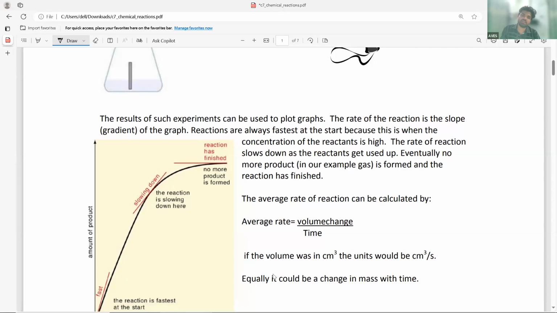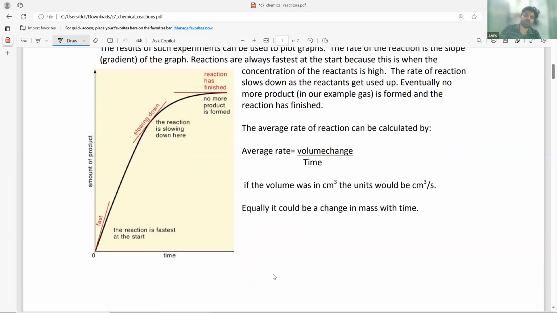The result of such an experiment can be plotted on a graph of the amount of product against time. It will be fast, then slow, and then finish. Did you get it? Just draw the graph only.